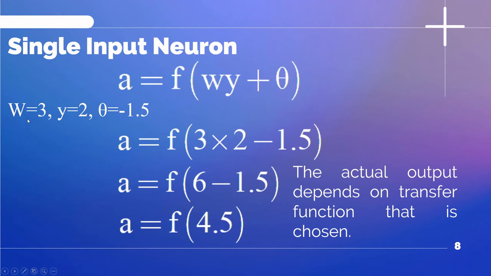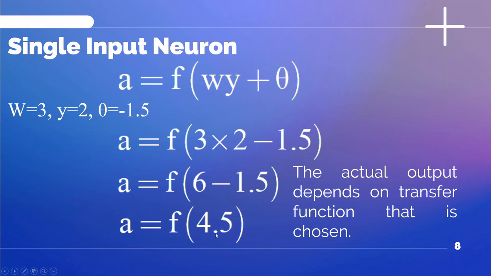Here w is 3, y is equal to 2, and theta is equal to minus 1.5. Because bias is an adjustable parameter, we increase or decrease this parameter, and w is also an adjustable parameter. So we have these values. After applying these values to the function, we get 4.5.